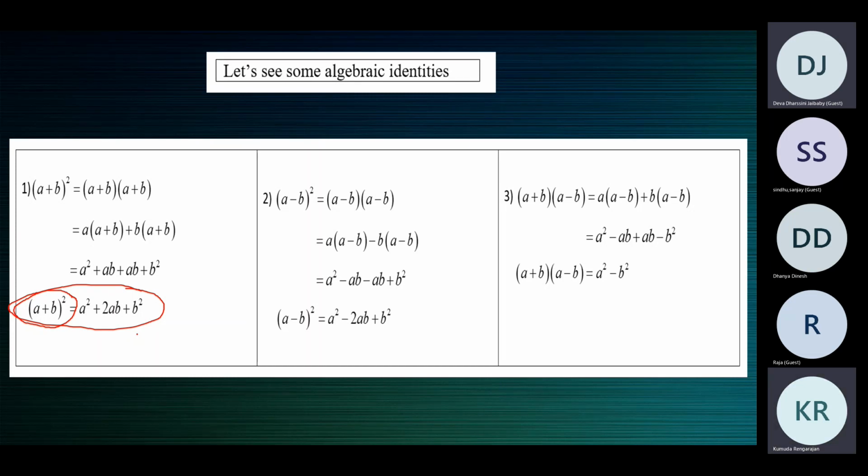What I want you to do is, in place of A, use 1. In place of B, use 2. And find the value of the RHS.